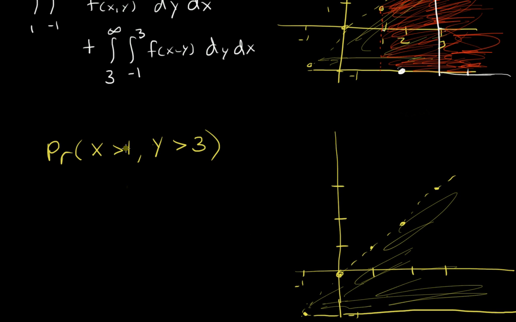Okay, so x is greater than 1. So here's x equaling 1. Greater than would be over here. And y is greater than 3. So where's 3? 3 is up here.